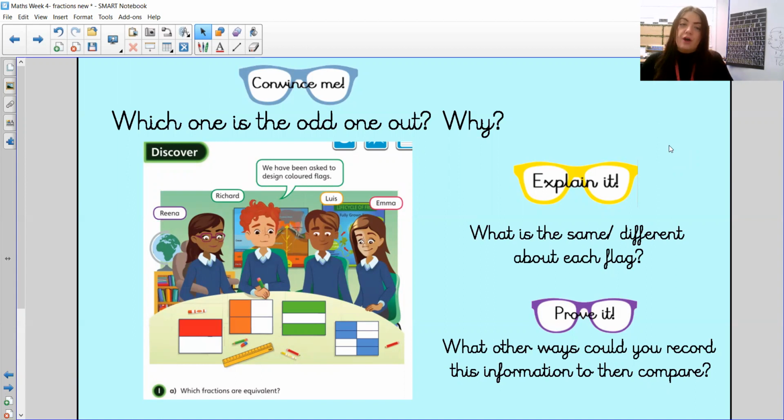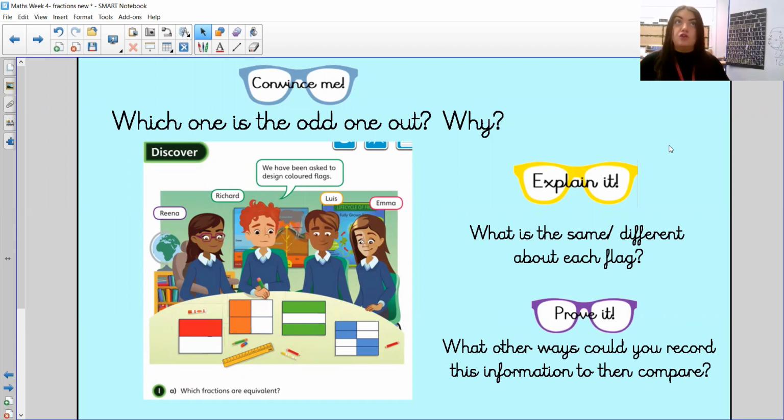Once you've had a little look at them, your main question is, convince me, which one is the odd one out and why? Okay, so one of those flags is the odd one out, and why? Once you've done that, could you try and prove that the one that you have chosen is the odd one out? Could you show it using either the fraction numbers?